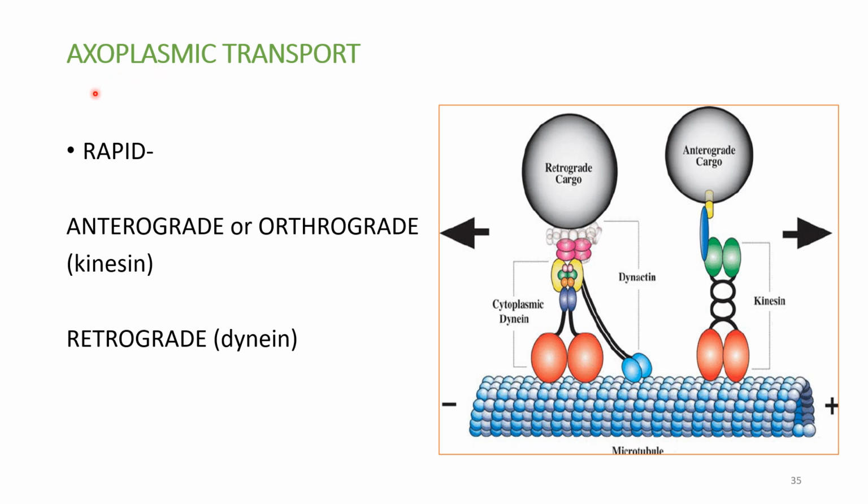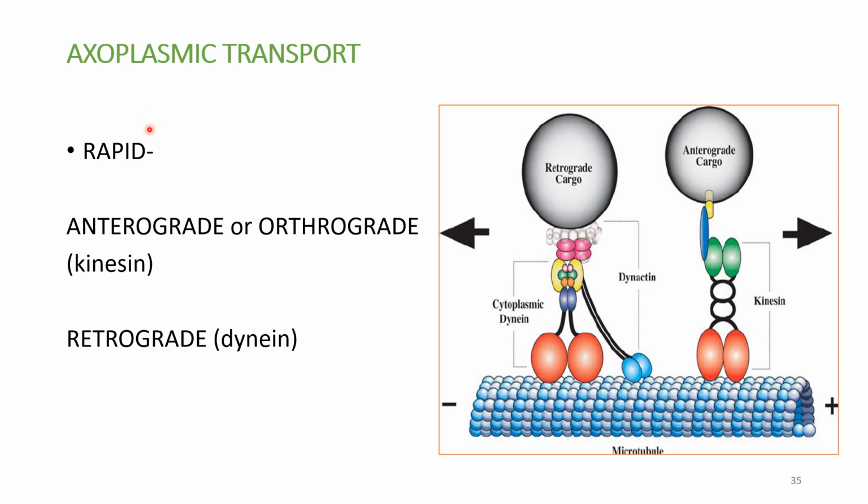Now coming to the second biological activity, that is axoplasmic transport. The axoplasm is nothing but the cytoplasm in the neuron, and it is in constant motion.